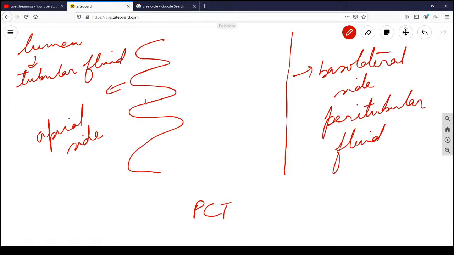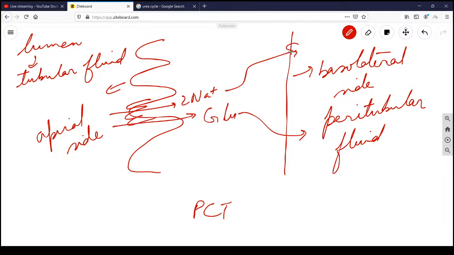Now, you have a secondary active transport here, a transmembrane protein taking in 2 Na plus with 1 glucose. Glucose is exiting via facilitated diffusion. This is exiting via 2 K plus, the Na plus K plus ATPase.